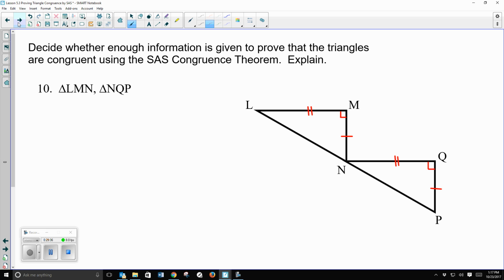But this is not a congruent symbol. How do you know that M and Q are congruent to each other? They're both right angles, and all right angles are congruent. They're all 90 degrees. Right. Seems like we shouldn't have to say that, but it's not always straightforward. Okay, so the answer is yes.